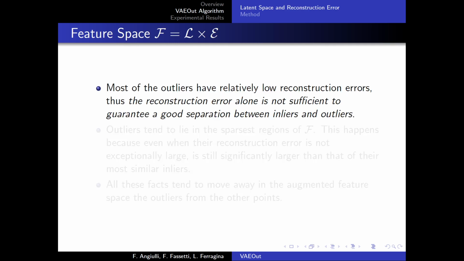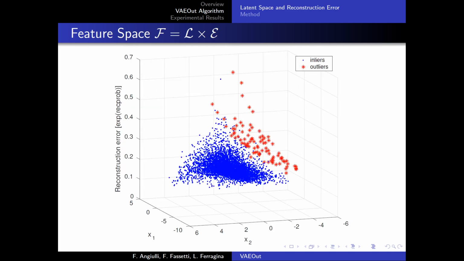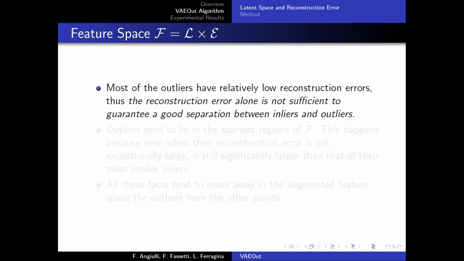We can see that most of the outliers have a low reconstruction error. Indeed, there are a lot of red stars at low levels of the vertical axis. This means that the reconstruction error alone is not sufficient to guarantee a good separation between inliers and outliers.